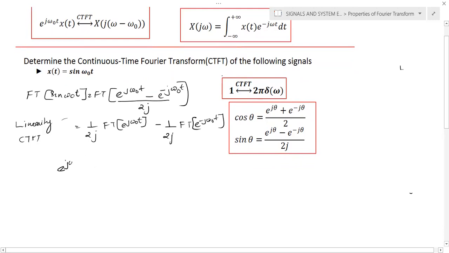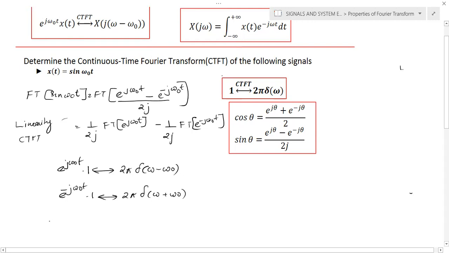The transform of e raised to j omega 0 t, you can find if you know the Fourier transform of 1, which is 2 pi into del of omega, and you can apply the frequency shifting property. If you multiply the signal with e raised to j omega 0 t, it is simply the shifted version in the frequency domain, so it becomes omega minus omega 0. And for the next term, e raised to minus j omega 0 t into 1, the continuous time Fourier transform is 2 pi into del of omega plus omega 0.